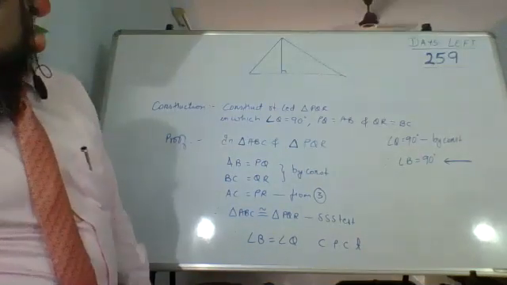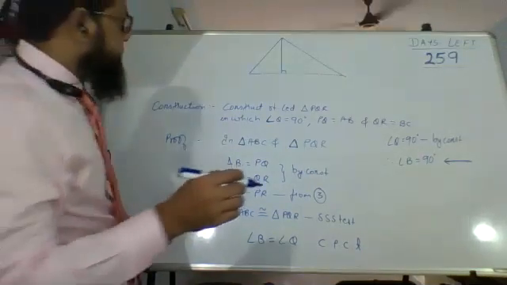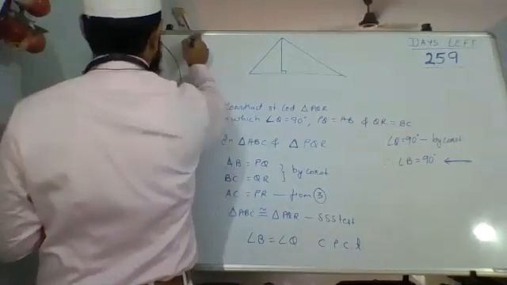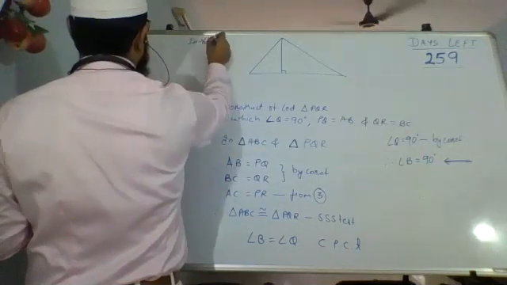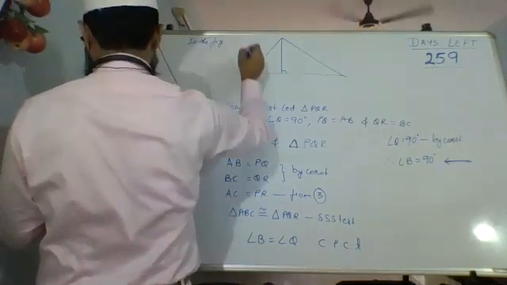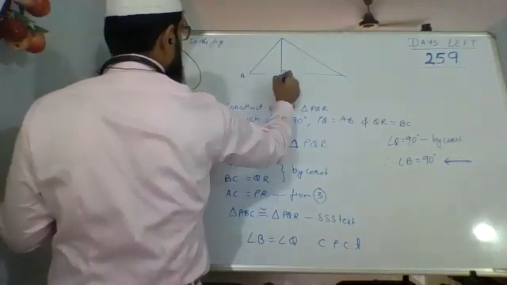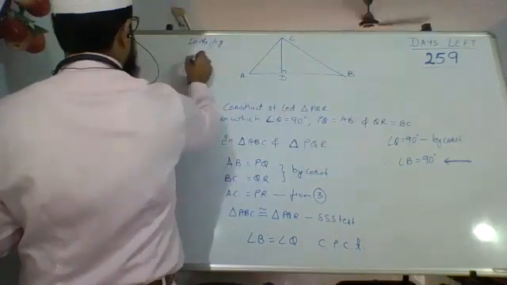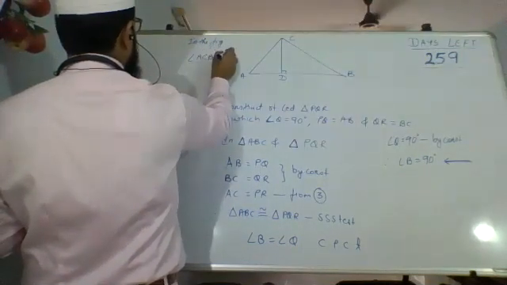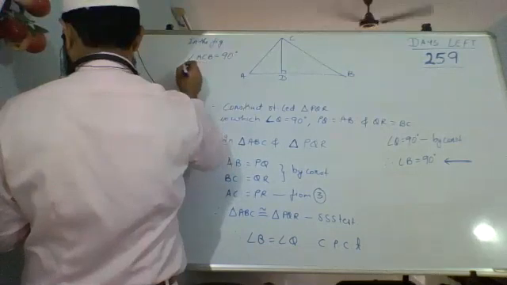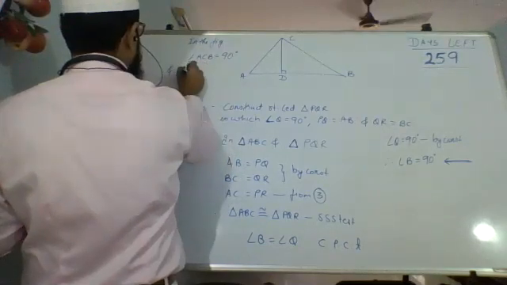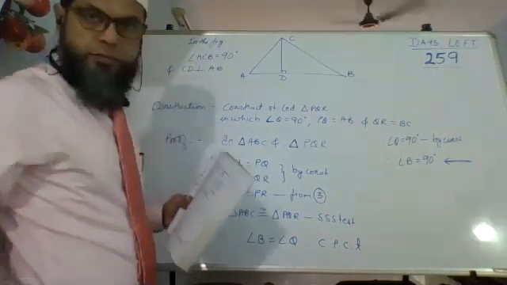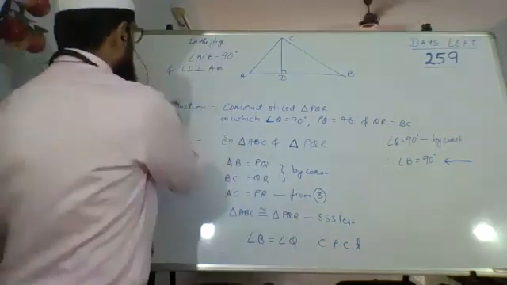Copy that also with the diagram. In the figure, angle ACB equals 90 degrees and CD is perpendicular to AB.